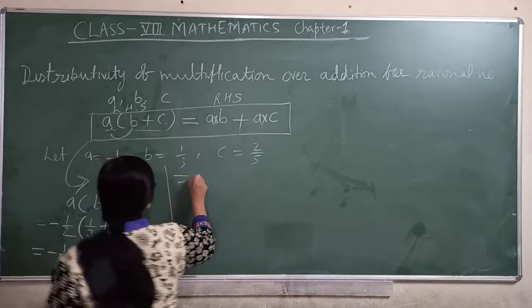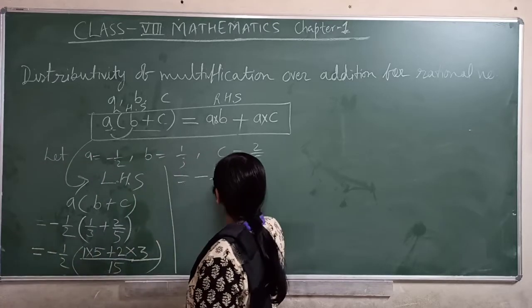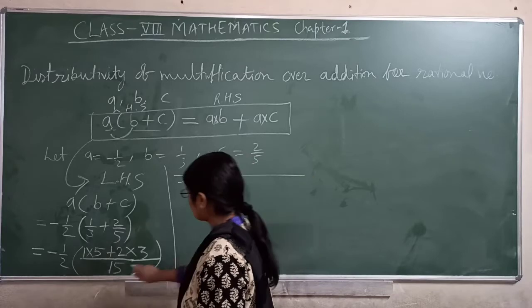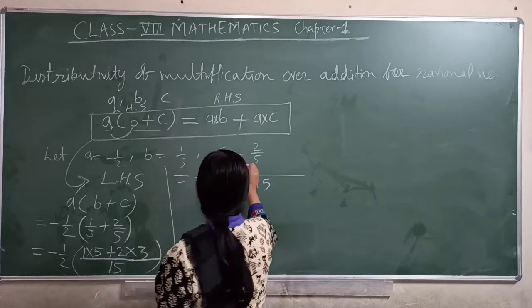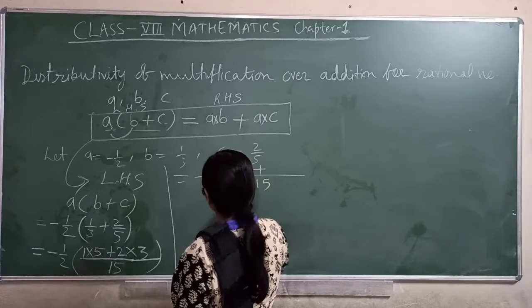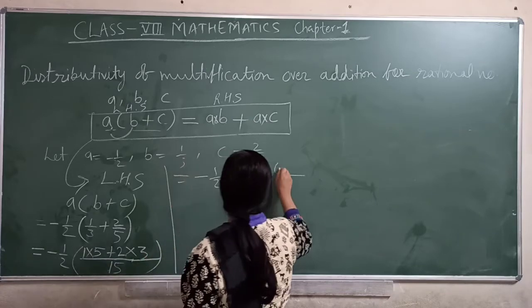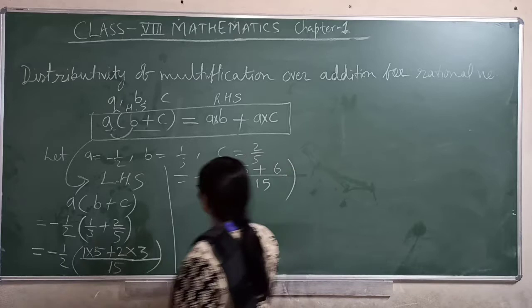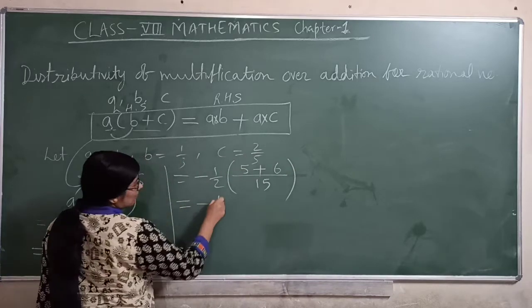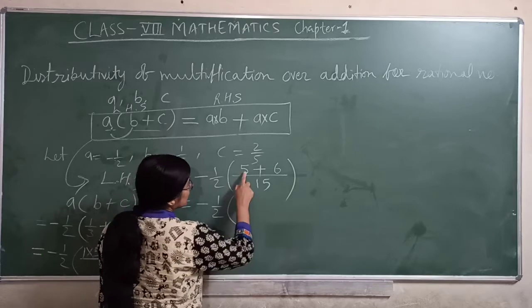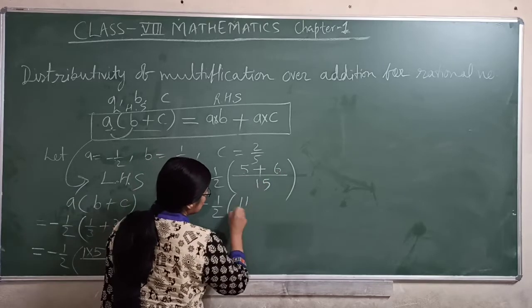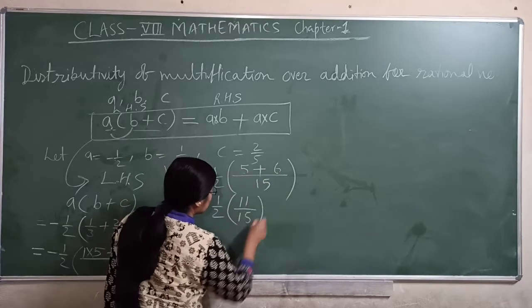So now minus 1 upon 2 within bracket, 5 ones are 5, plus 2 threes are 6. Bracket close. Minus 1 by 2, and within bracket 5 plus 6, 11 upon 15.